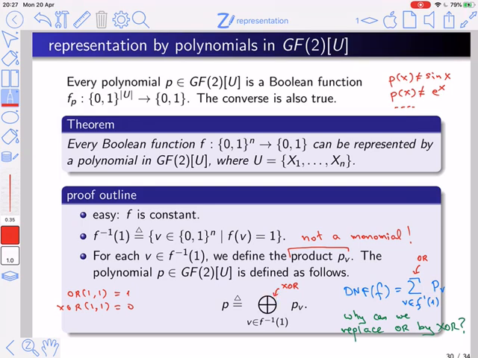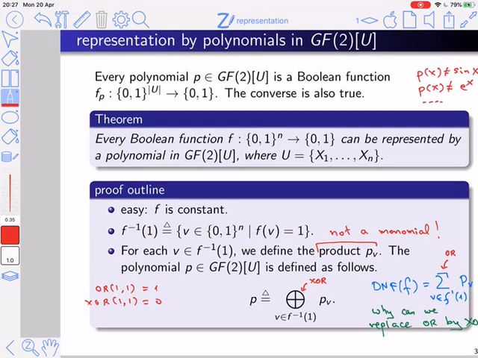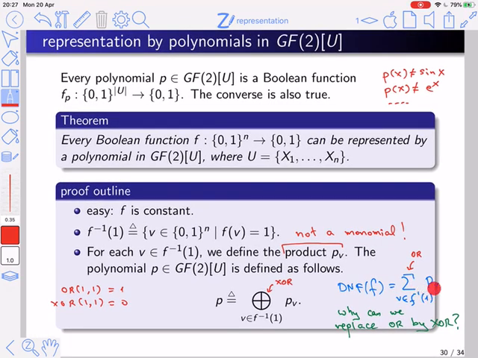But in fact, I may replace this OR by the XOR. And the reason is that each one of these products is satisfied by exactly one truth assignment, and that is the truth assignment which is induced by V. So if the truth value of this Boolean formula is 1, then exactly one product is satisfied, and all the rest are not satisfied.